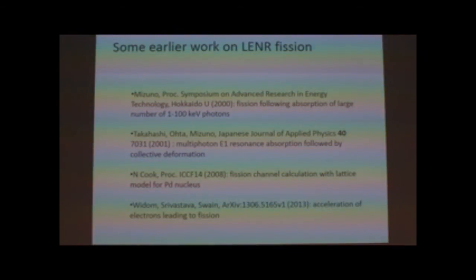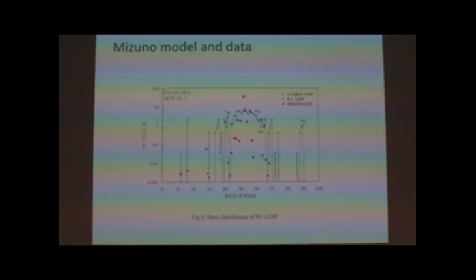I think Heinrich Hora also, I should have had him on here as well. Hora and George have studied a model of fission. And recently, Whittam, Jim Swain and Srivastava have a model where they propose that very energetic electrons near 200 MeV are coming in and causing fission of iron in the Torino group experiment.